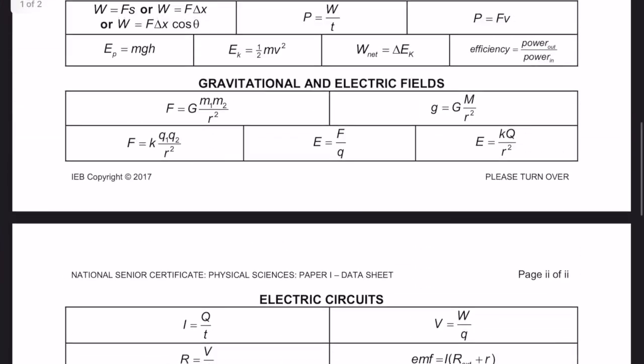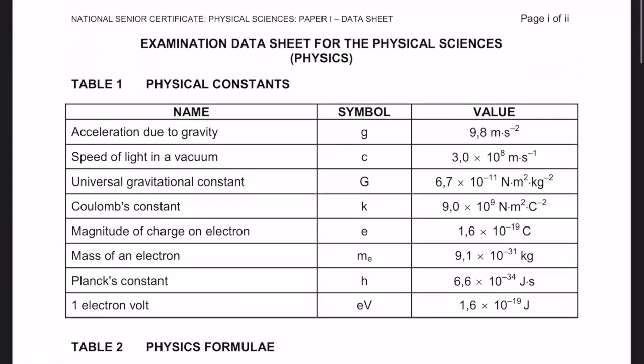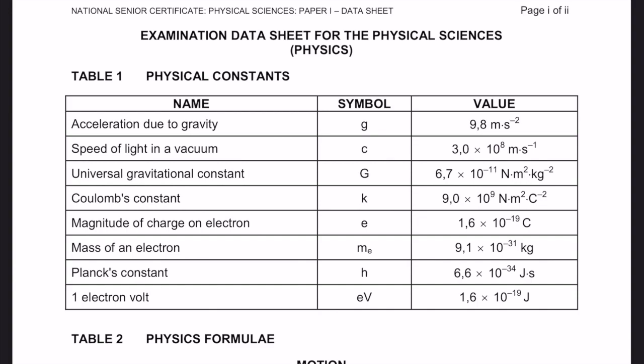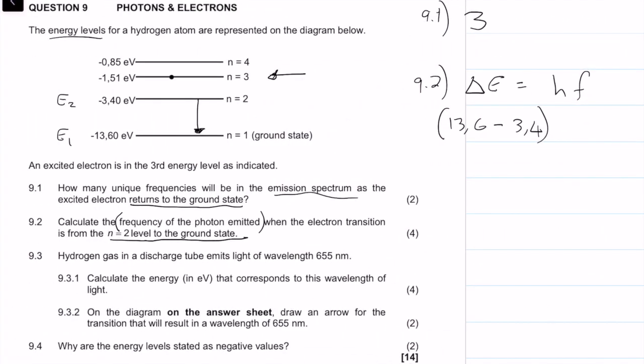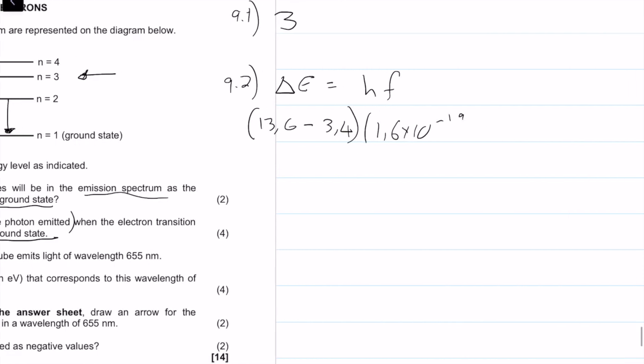So I go back to my formula sheet and look at the last row, which says that 1 electron volt is equal to 1.6 times 10 to the minus 19 joules. So I need to multiply everything by 1.6 times 10 to the minus 19 joules, which is equal to h, our Planck's constant, 6.6 times 10 to the minus 34, times our frequency f.